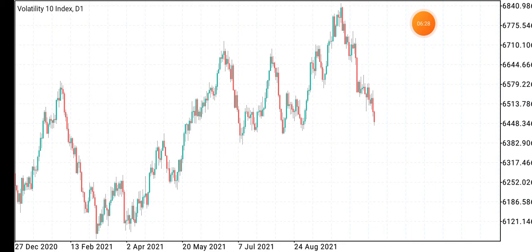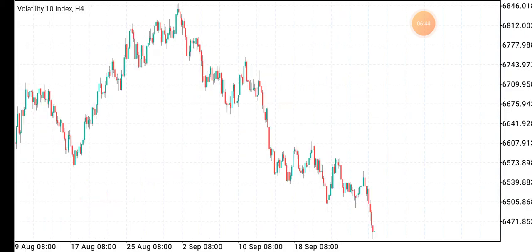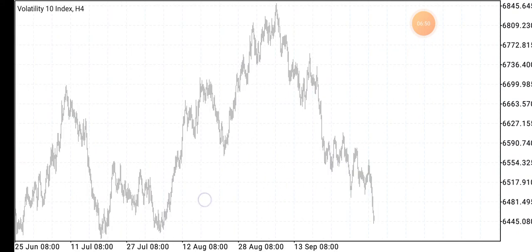Now for swing traders, the best moving average you should use for swing traders, that's what I'll be saying henceforth. First of all, for those who don't know, swing traders are traders that trade on the 4 hour time frame upward. They don't trade on, let's say, 30 minutes, 15 minutes, or 1 minute.